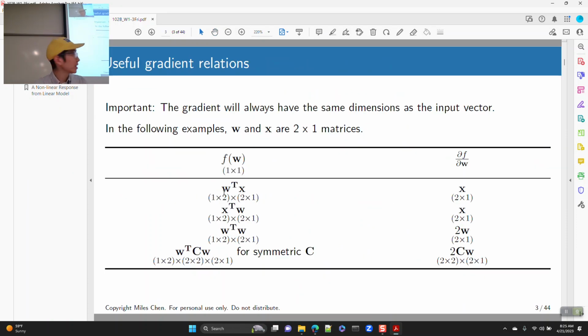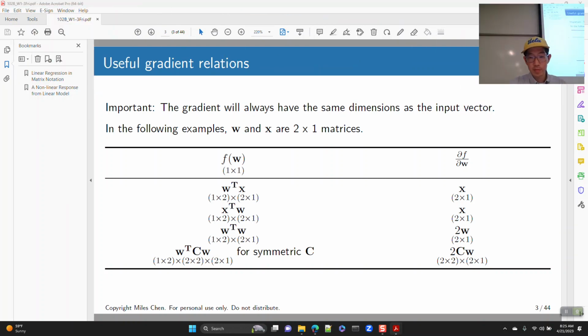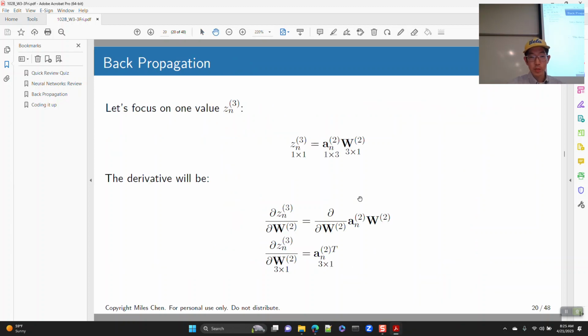If you have something times, okay, so we basically have this. I don't have the transpose here, but basically I've got a 1 by 3 times a 3 by 1, and we're going to take it with respect to the 3 by 1. So I'm going to be left with A n transpose here.